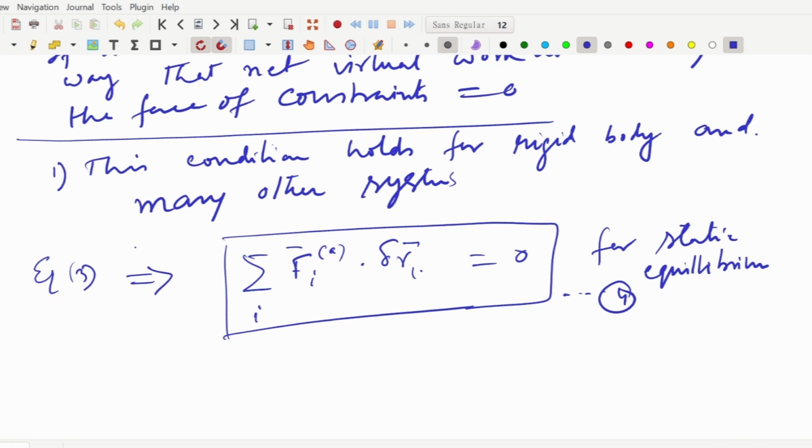Here I want to give an example of how the work done by the force of constraint is 0. But before that, this is the principle of virtual work.